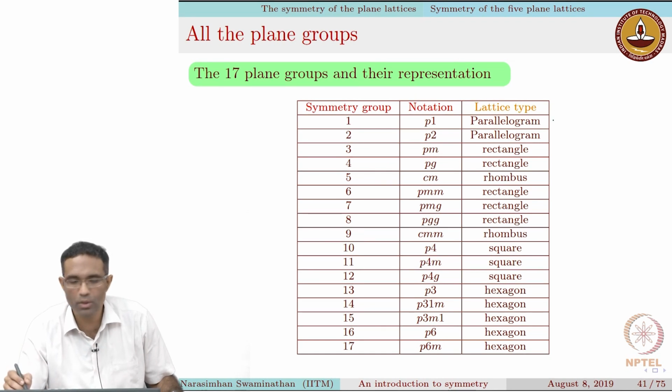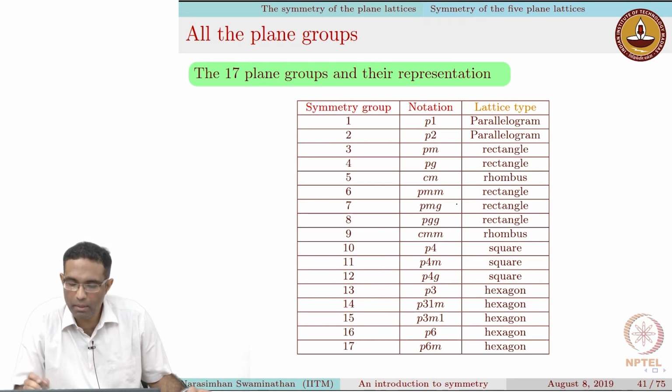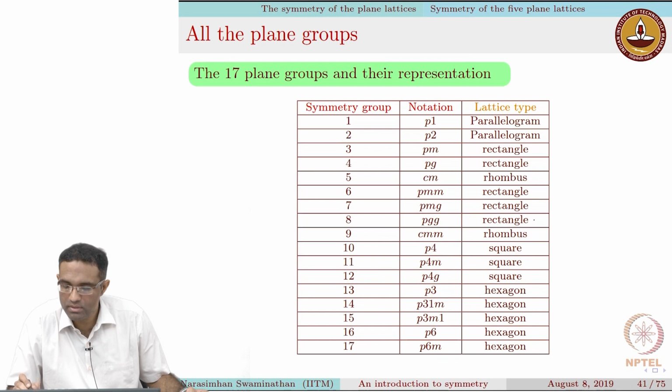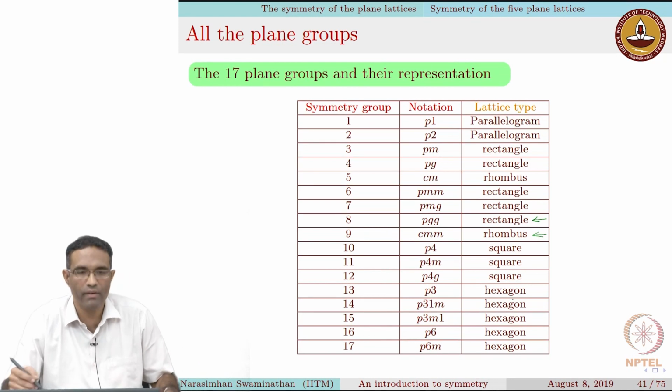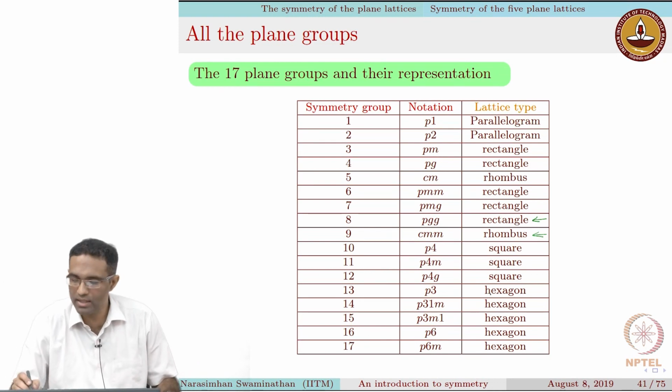So if it's P1 or P2, it is a parallelogram. If it's PM, PG, CM, and there is a mirror, it becomes a rectangle, right? If it's PMM, again it's a rectangle. CMM is a rhombus, but for CMM you can also use a rectangle. I will show you these plane groups in the next slide in a bit.